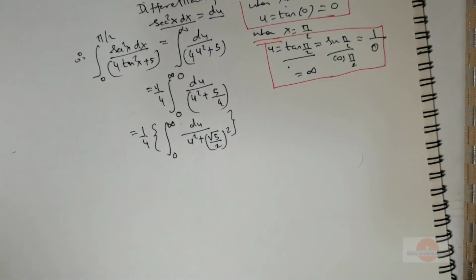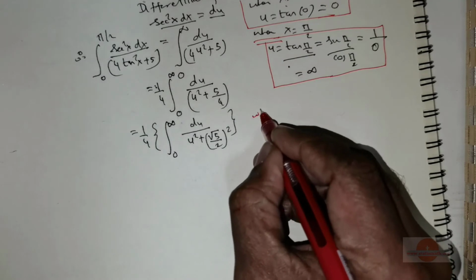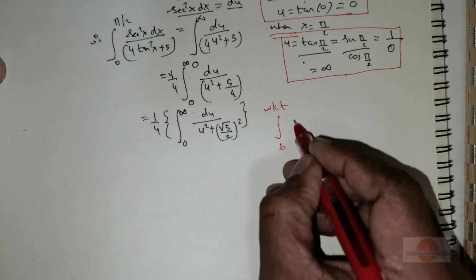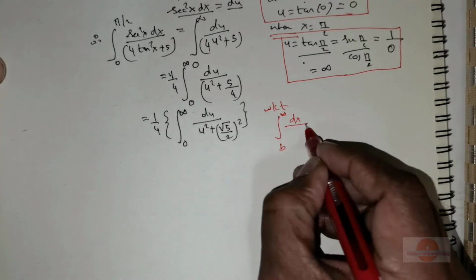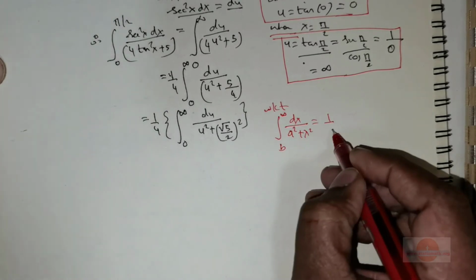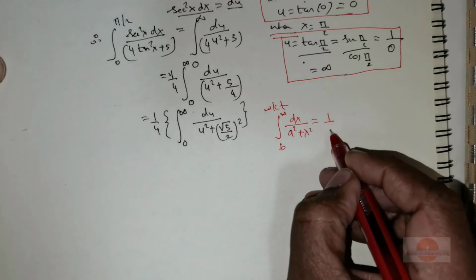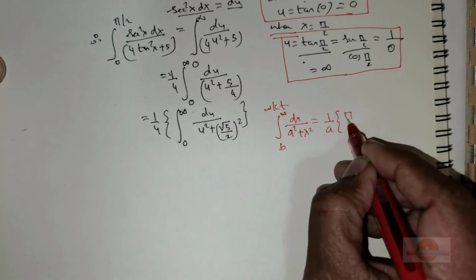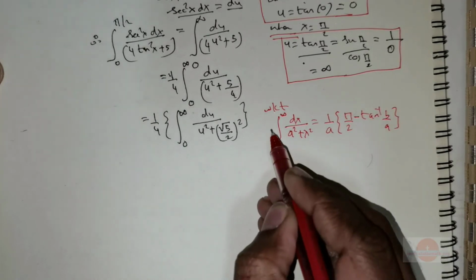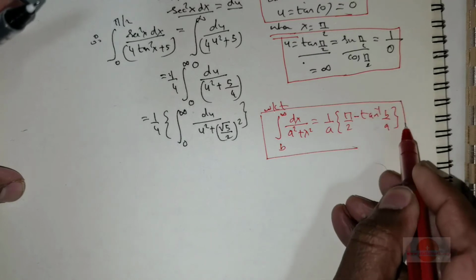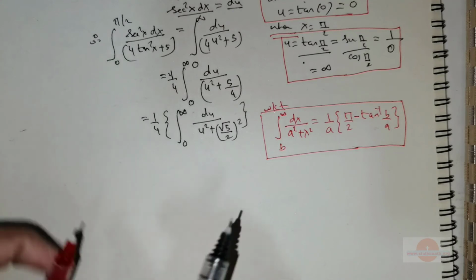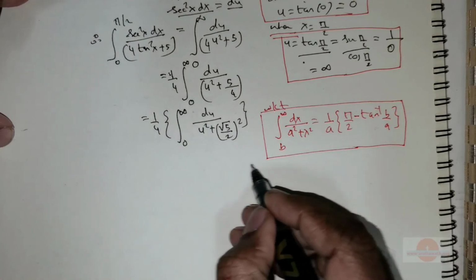Okay. Now this is similar to the formula. So what is the formula we studied? We know that the integral from b to infinity of dx divided by a squared plus x squared is equal to 1 over a times pi over 2 minus tan inverse of b divided by a. This is a formula which we started off by learning. So now because of this formula I can rewrite this.